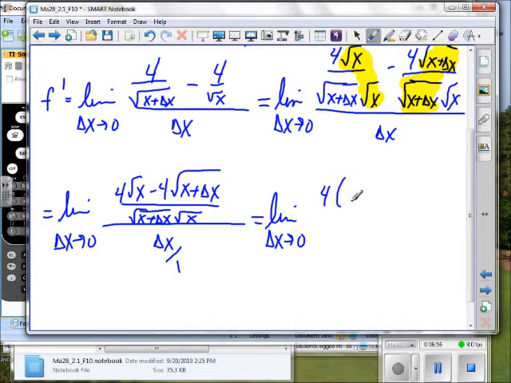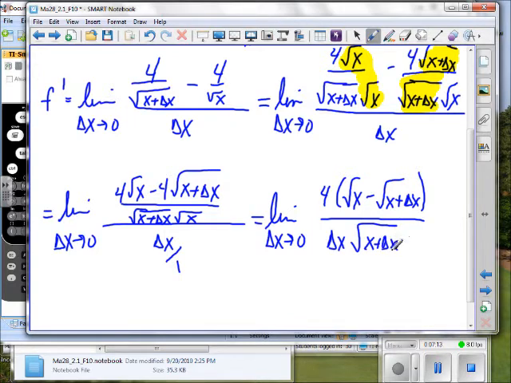In fact, I'm going to factor out a 4 on that. No sense writing it more than once. Might run out of ink up here. I'm just joking. And then I would have delta x, and I would have the square root of x plus delta x times the square root of x.